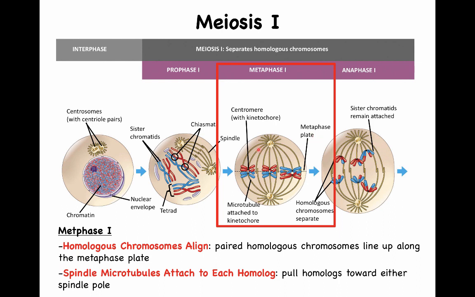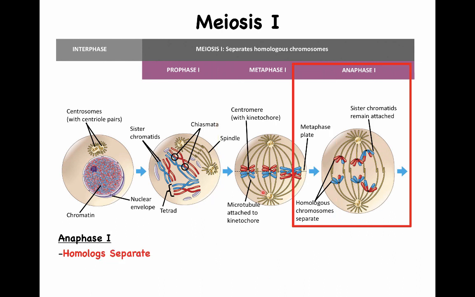Spindle microtubules, in this case, attach to the different homologs. So this pole is attaching to the red homolog, whereas this pole is attaching to the blue. These 2 are stuck together, and the red one's being pulled this way, and the blue one's being pulled this way. That's going to set up a situation where you can separate the 2 homologs in the next step, which is anaphase.